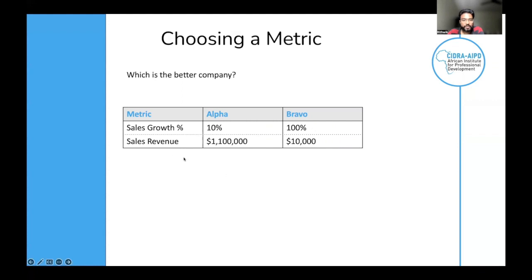But what if I tell you that the sales revenue was this? Right. So Alpha had a very high sales revenue, while Bravo just had $10,000. And this is what it doubled. Now, does your evaluation of these companies change? Think about the company you would want to own at this point.